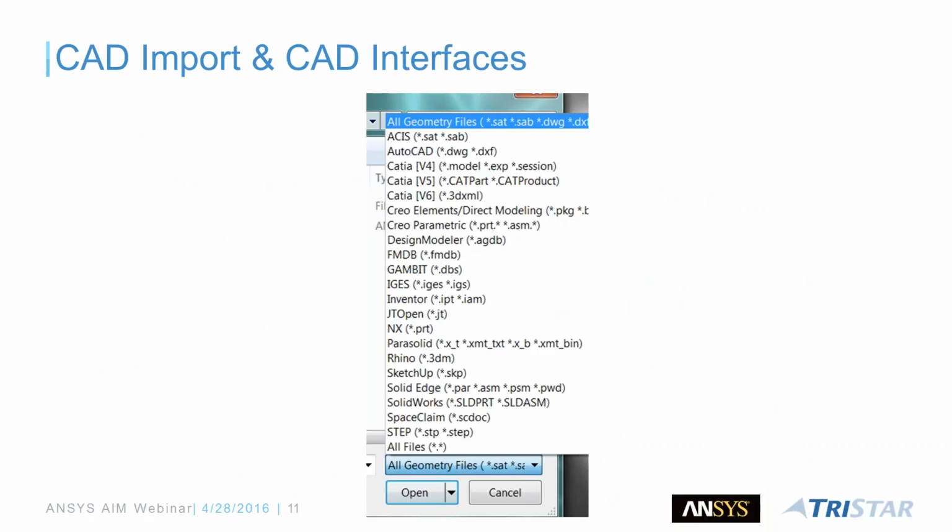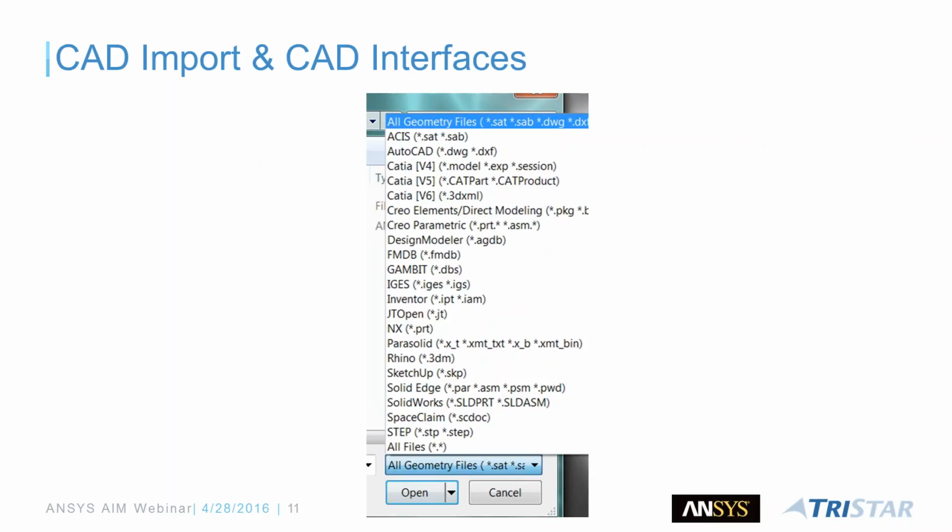Now, as for the CAD import and interfaces, this is something that I want to specifically focus on in this webinar. What you see there is essentially the different file types that you're able to import into ANSYS AIM. You just see Creo files, or Wildfire, or Creo Parametric files, including all the other CAD systems.